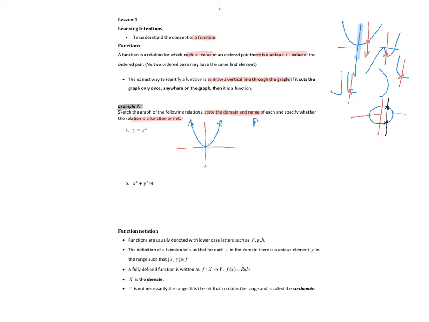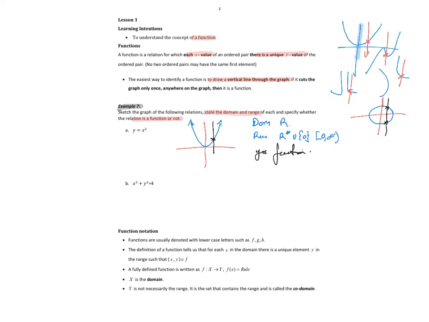Clearly the domain of that is R, all the reals. The range of that, let's write it as R plus union 0. Or obviously we could go from 0 to infinity, any of those. Is it a function? Well, if I draw a vertical line, everywhere along there, it crosses only once. So yes, a function, okay?